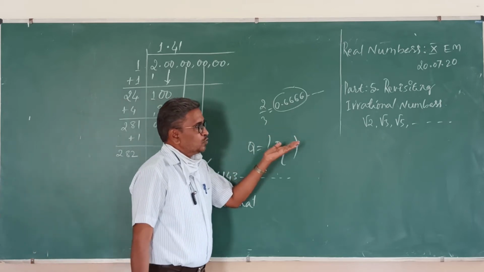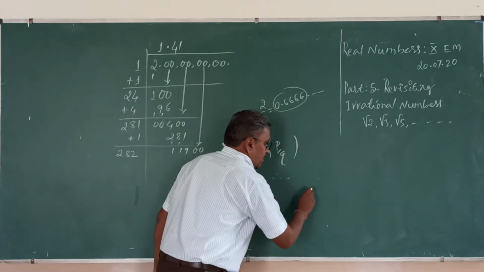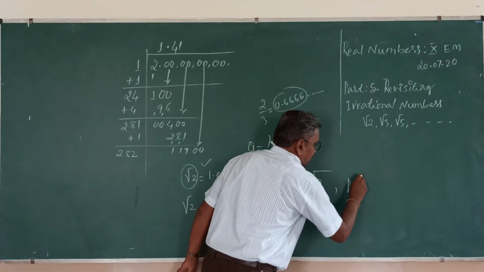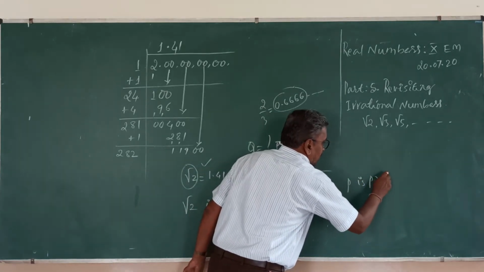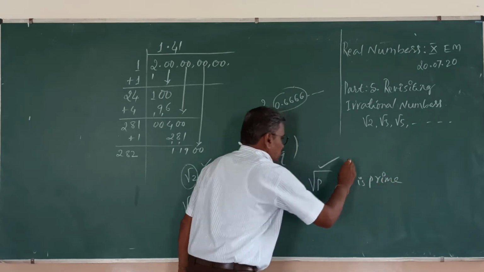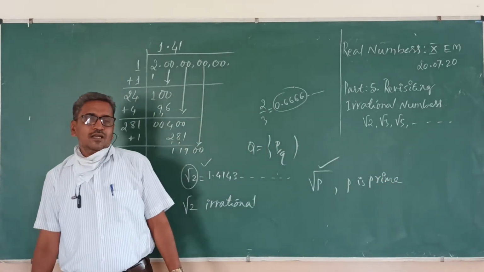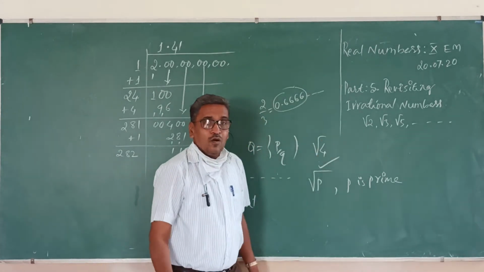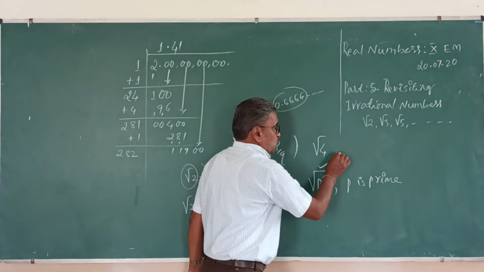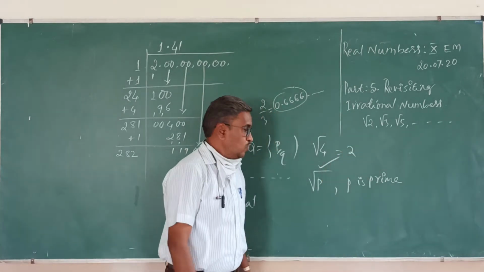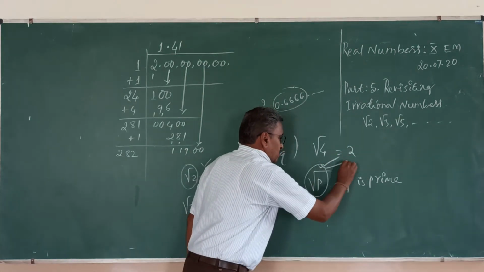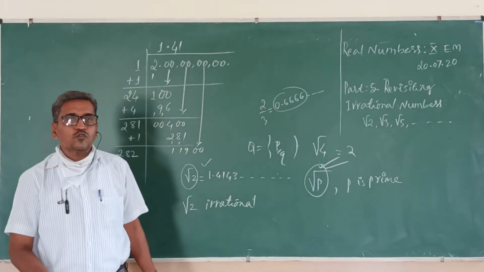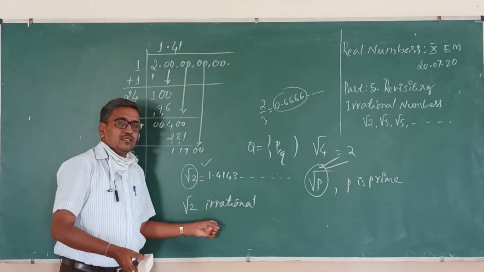Like that, root 3, root 5. So what we can say is that the square root of p, when p is a prime number, is an irrational number. For example, what about root 4? 4 is not a prime number, and the square root of 4 is 2. So when p is a prime number, the square root of that prime number is an irrational number.